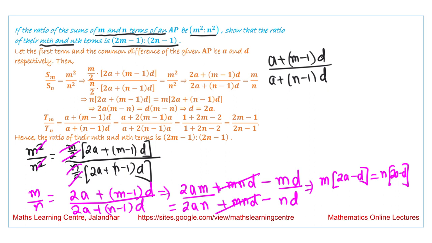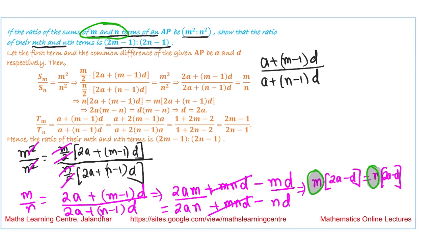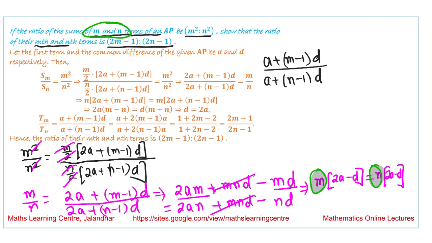Now we have that m is not equal to n, because these are the mth and nth terms. So from this equation, 2a minus d should be 0. So this implies that the value of d is equal to 2 times a.